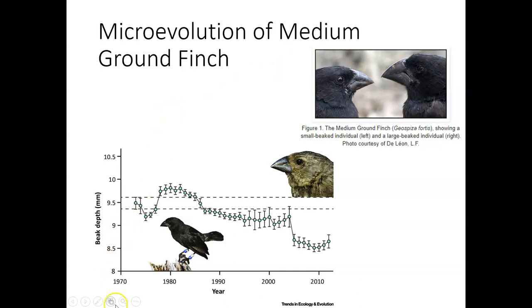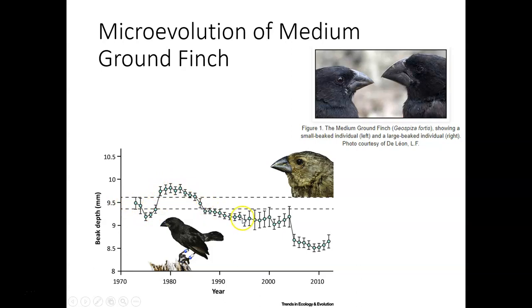If we look at this image, you can see that time is on the x-axis. What we see over time is that the beak depth of the individuals is changing.